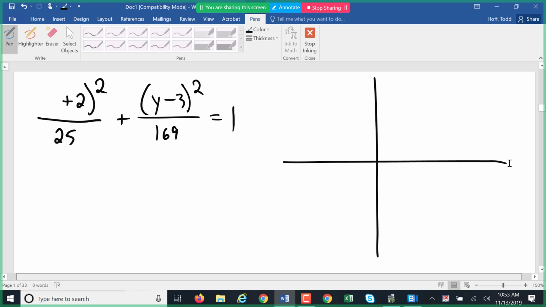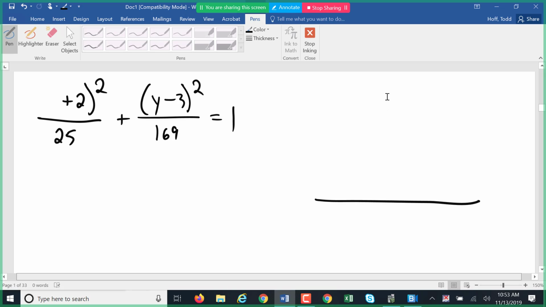So for this ellipse here, I'm going to run out of little space here. I draw this a little lower. First of all, the center, oops, I got some stuff disappeared on me there.